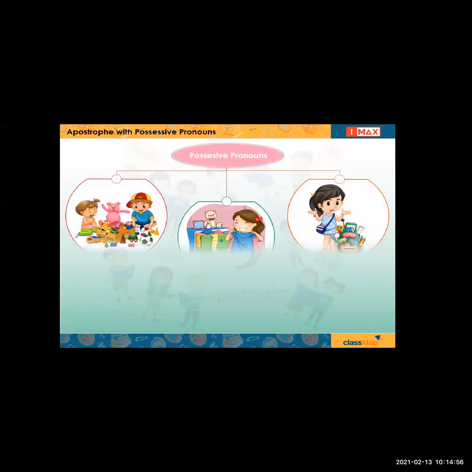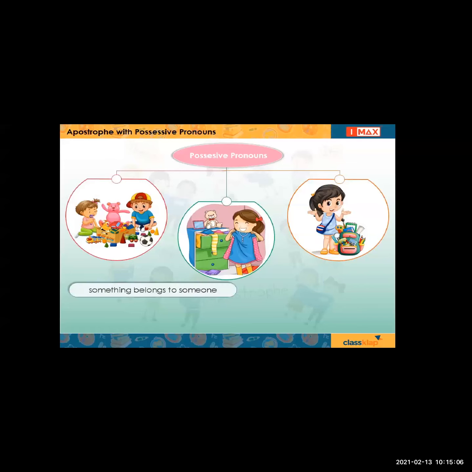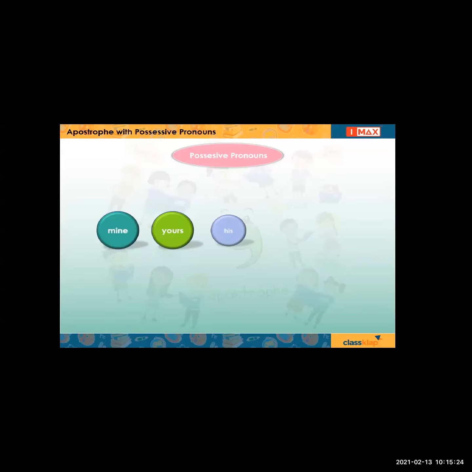Let us now understand what possessive pronouns are. Possessive pronouns are pronouns that tell us that something belongs to someone. Mine, yours, his, hers, its, ours, yours, and theirs are possessive pronouns.